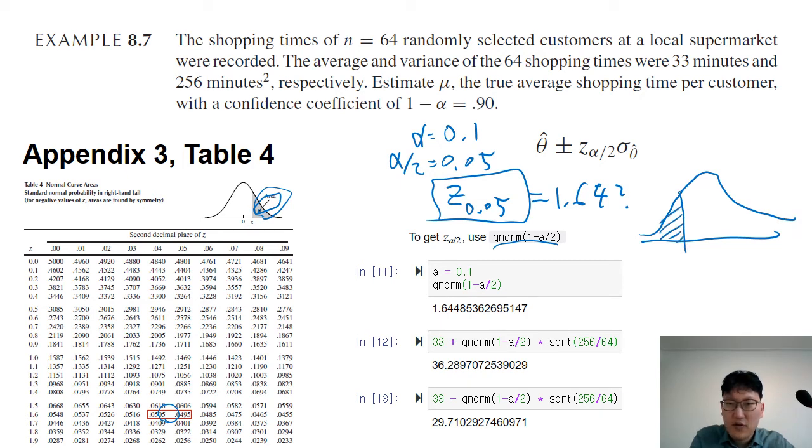So if you want the same quantity, you should put 1 minus alpha over 2, 1 minus 0.05.